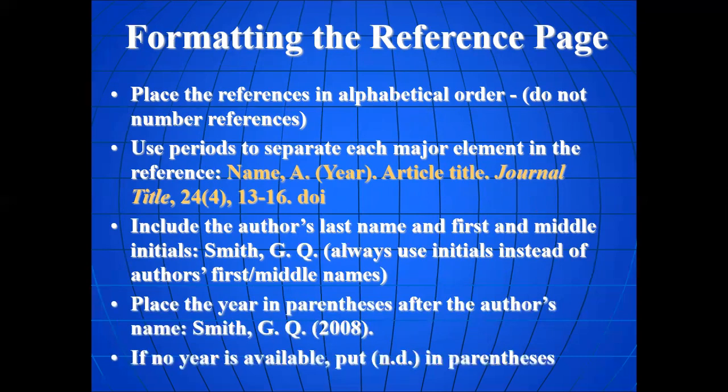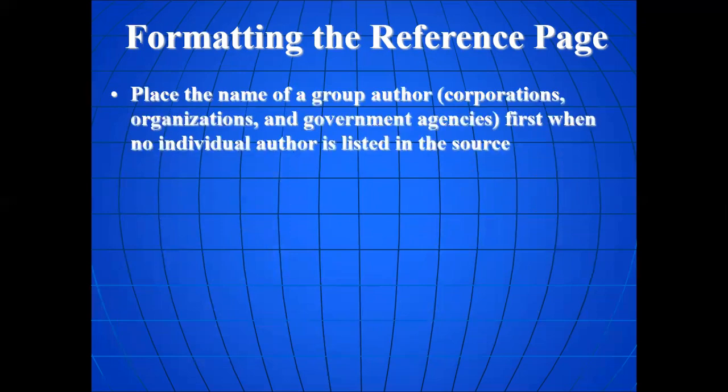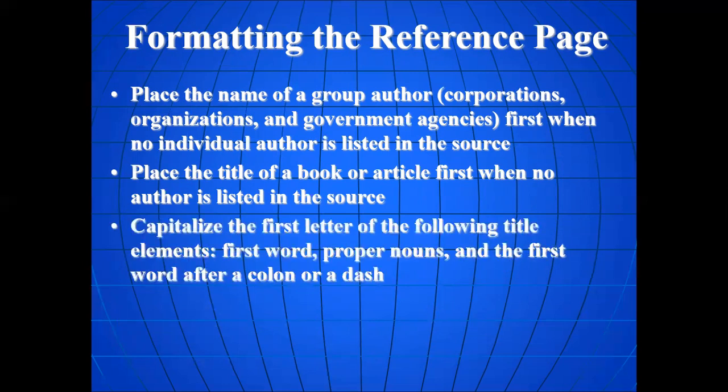Put the year in parentheses, or put ND in parentheses if there's no date, which is what ND stands for. Quite often when you're researching websites, there is no author, so you have to look and see how to approach that in parentheses.